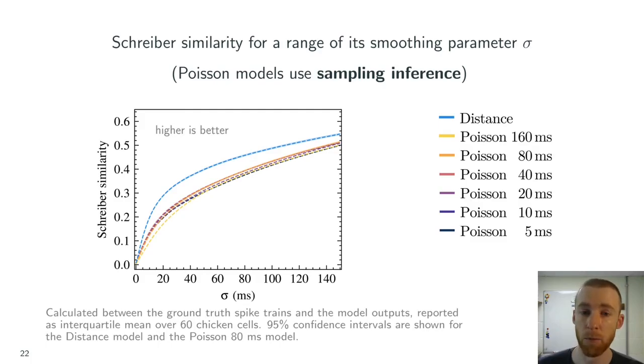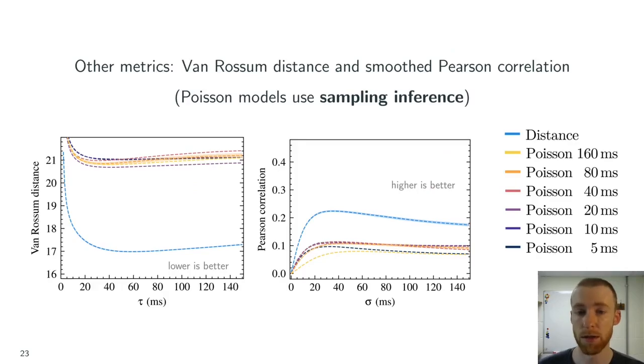Finally, when using sampling, the difference between the different Poisson models is much less pronounced. However, the spike distance model still outperforms in this case. And I want to briefly mention 2 other metrics that we report. And for these, the distance approach maintains its advantage over the Poisson approach.